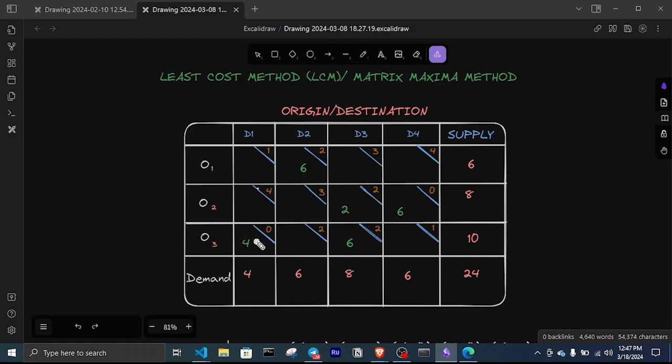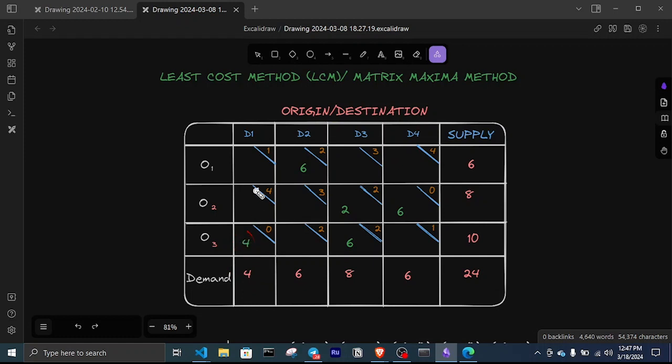Now, just as we did in the previous video, the sum of all the values in a column should be equal to the value at the demand, and the sum of all the values in a row should be equal to the value at the supply. If you look at our demand side on the column, you realize that the value 4 is equal to the demand.